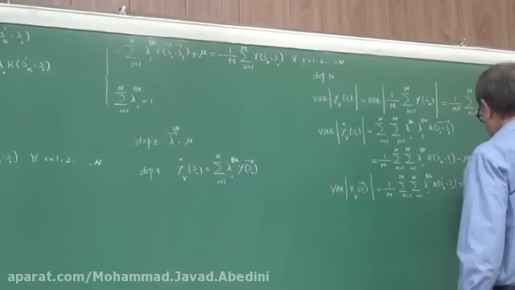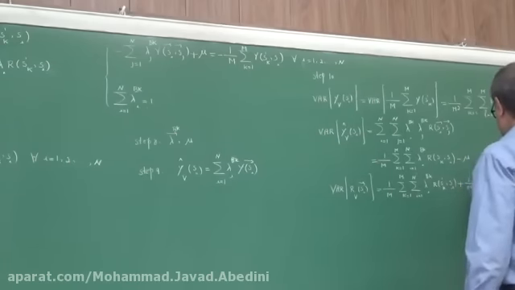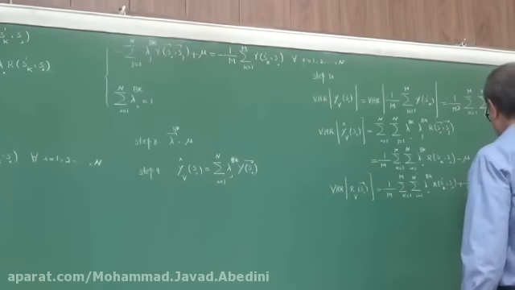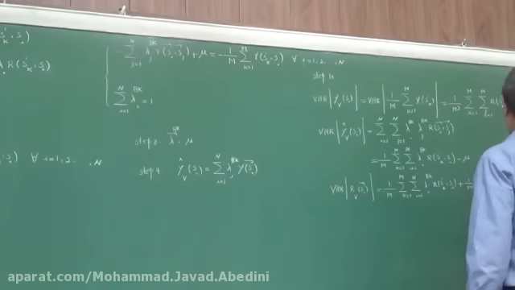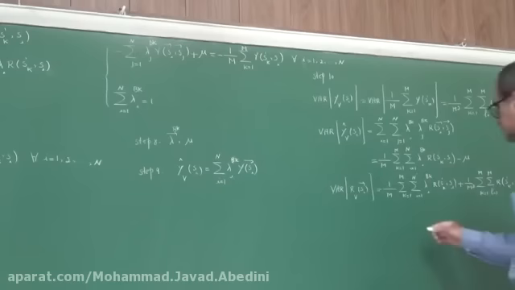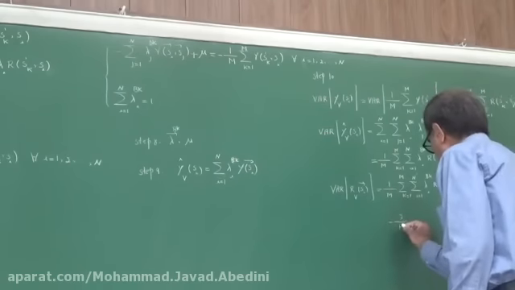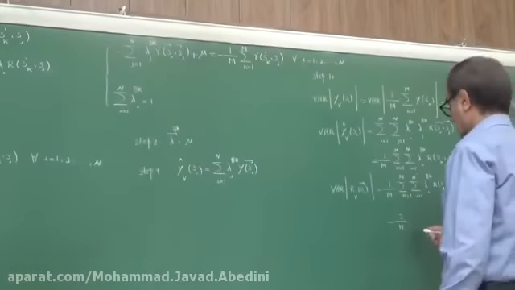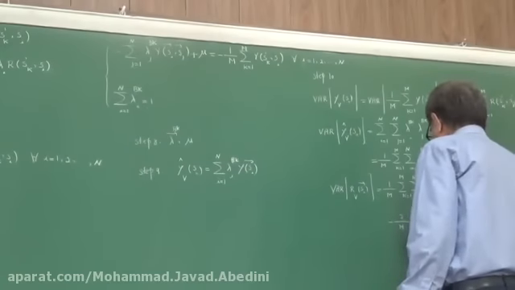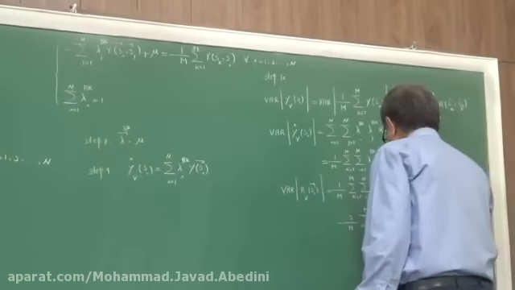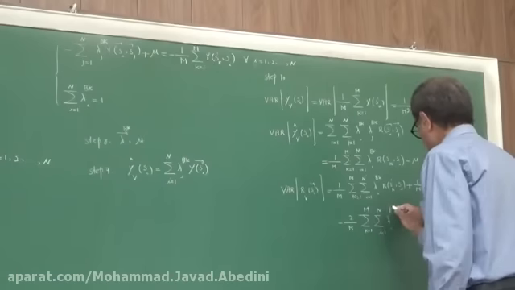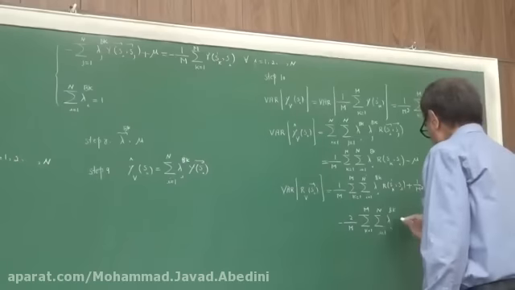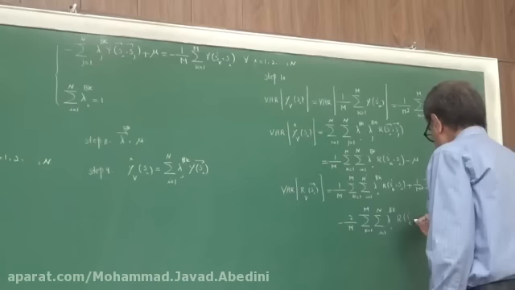1 over m squared, double summation k from 1 to m, summation l from 1 to m, r sub s prime k, s prime l, minus 2 divided by m, summation k from 1 to m, i from 1 to n, lambda i, which is bk, r sub s prime k si.